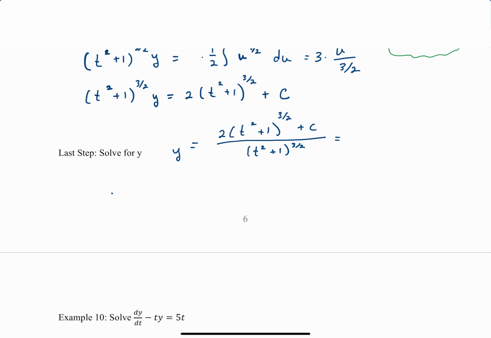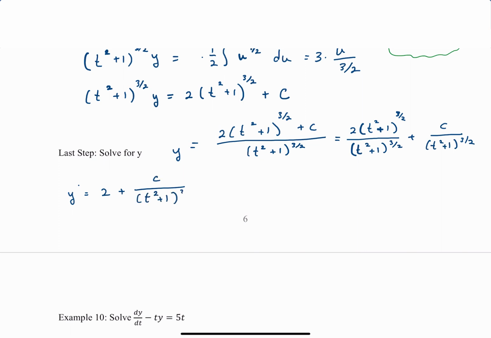Anyway, if we split that up into two fractions, I'll have 2 (t squared plus 1) to the 3/2 power over (t squared plus 1) to the 3/2 power plus c over (t squared plus 1) to the 3/2 power. So our final simplified answer for y would be 2 plus c over (t squared plus 1) to the 3/2 power. That was a long problem, wasn't it?